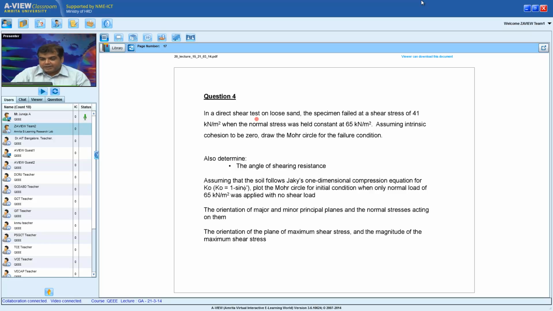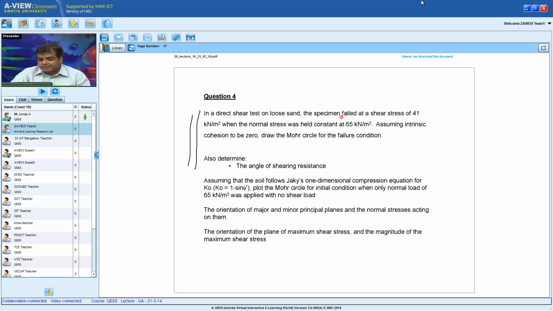Now, because of the lack of time, I would not advise that you go through this question in full. What I would simply explain is that the question shows the results of a direct shear test, and some values have been given.